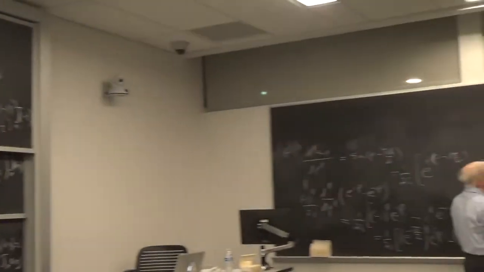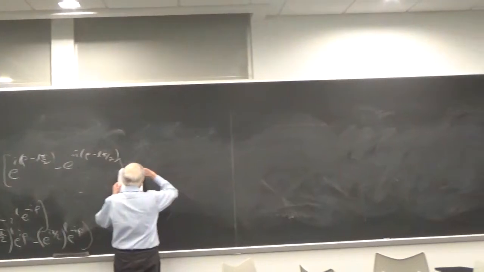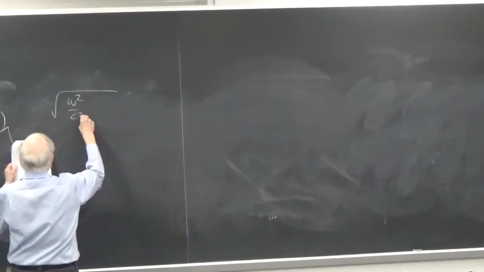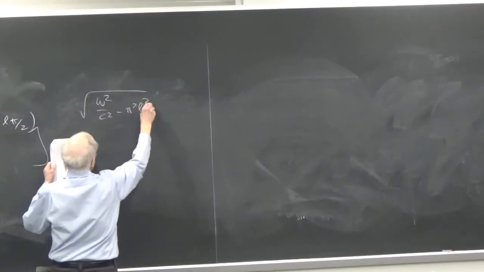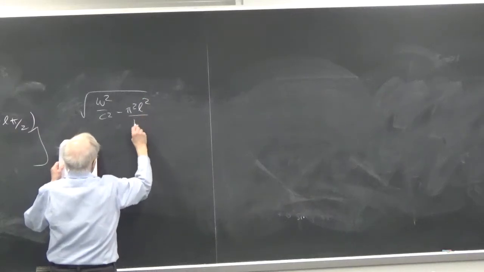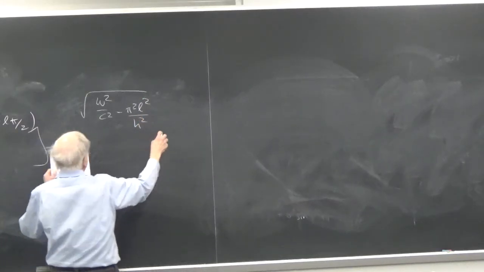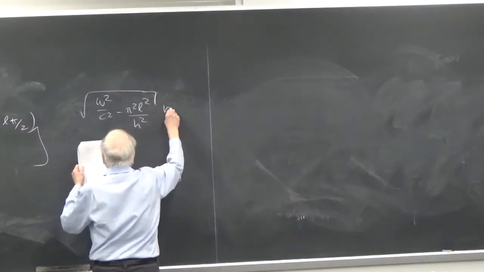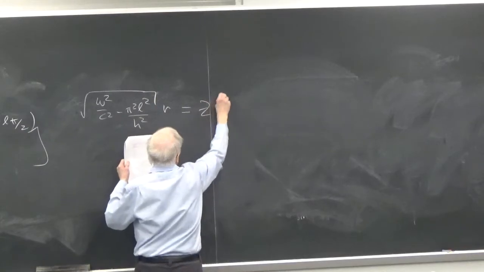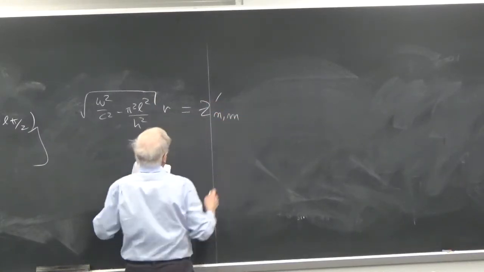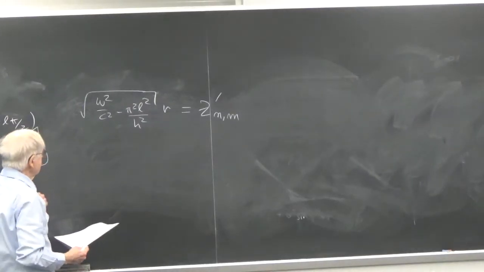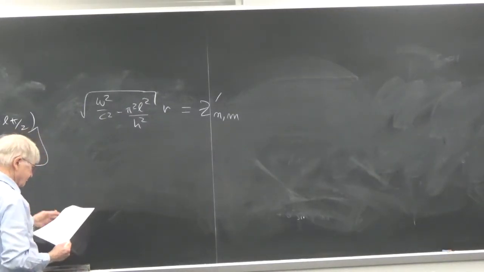Problem 20 says that L is an integer, and the square root of ω²/c² minus π²L²/h², times r, is one of the zeros. Well, it's the nth zero of the derivative of the nth Bessel function.